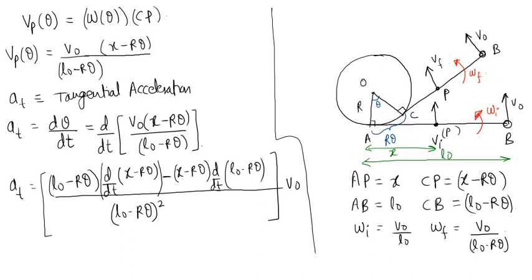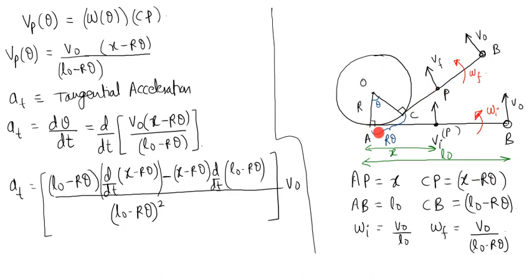So AP, if AP was x, AP is basically the distance between the point whose acceleration I am trying to find and the immediate point of contact. It was x initially, so AP was x. Then CP will be equal to x minus r theta. So this is x and this is r theta. So CP is equal to x minus r theta.